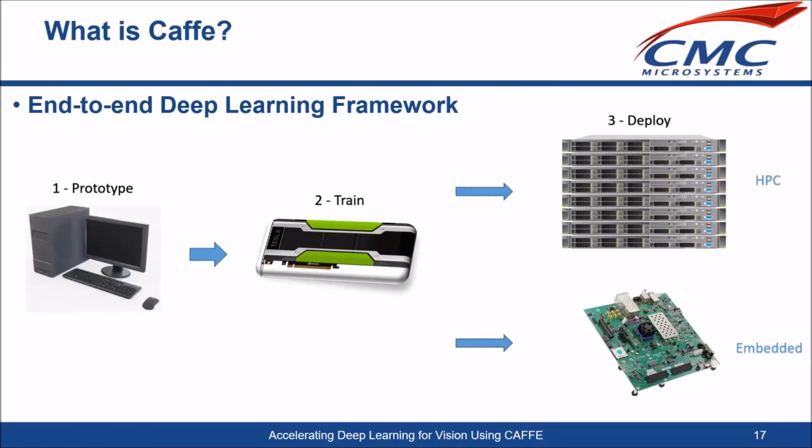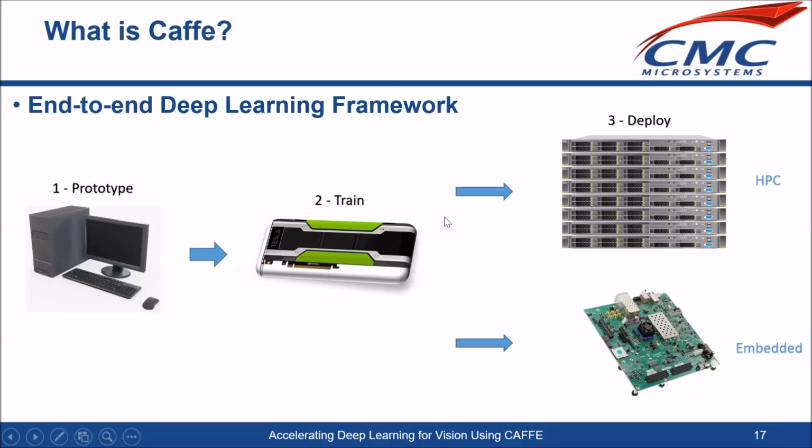What is Caffe? Caffe is an end-to-end deep learning framework, and here are the main steps. These are basic steps. In the beginning, you don't need a high performance computing cluster or node to do that. Just your laptop to do prototyping, to make sure your model compiles, and once you are comfortable with your model and with your framework, you can deploy for training using GPUs. NVIDIA GPUs are all supported by Caffe, most of them.